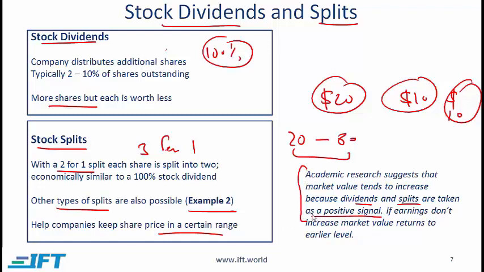So note that when a stock splits or if a stock dividend is announced, that transaction in and of itself does not change the market value, but it is often taken as a positive signal because investors think that a company that has announced a split would only be announcing a split because it expects to do well. Investors take that as a positive signal and might bid up the price a little bit. However, if the company does not perform as per expectations after that, then the stock price will come back down.